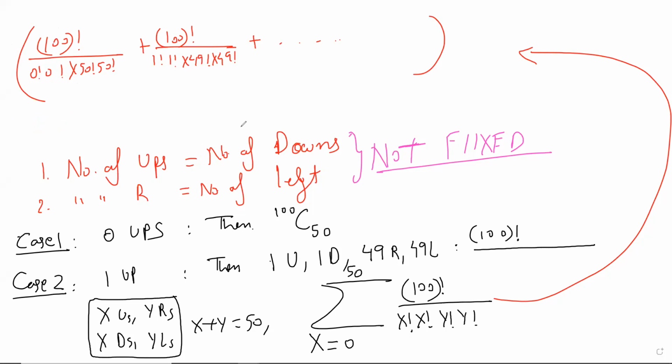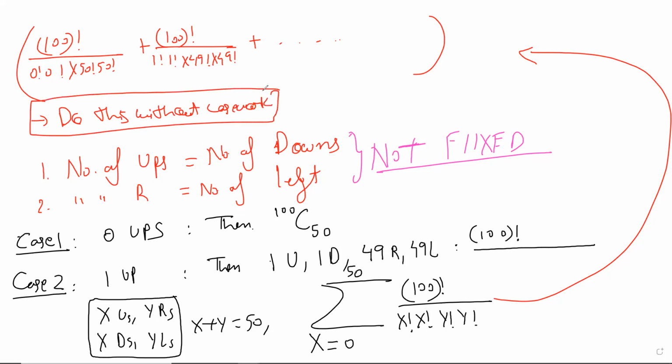But in any case, let's not do that. You guys think about how to do this directly to get a good answer. Do this without casework. That is the challenge. This can be done without so much casework. Try to see how you can do it. Bijective proof. Slightly challenging. Think.